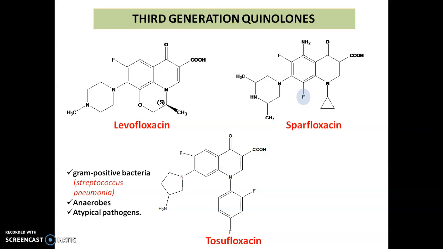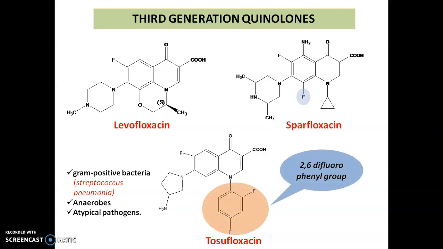Levofloxacin is a levo isomer of ofloxacin, whereas tosufloxacin contains 2,4-difluorophenyl group. And in sparfloxacin, there is a presence of substituted piperazinyl ring at 7th position and fluorine atom at 8th position, whereas it also contains amino group at 5th position.